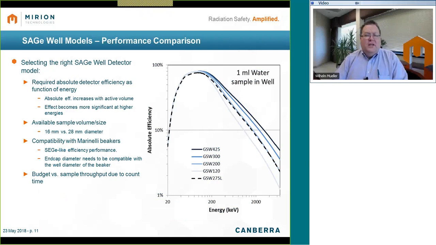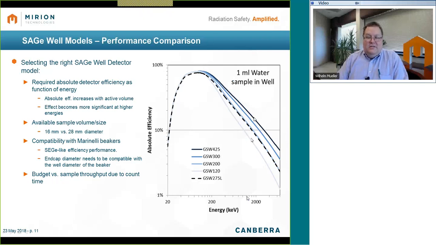So the Sagewell models themselves, I illustrate here the differences between them in terms of efficiency performance by looking at the efficiency for a 1 milliliter water sample in the well. This is, again, the absolute efficiency versus energy.